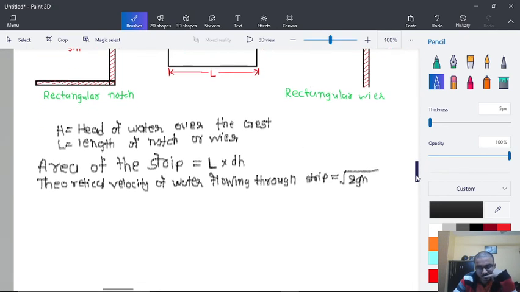So the next is the discharge. Discharge dQ is equal to CD into L dH into square root of 2gh.